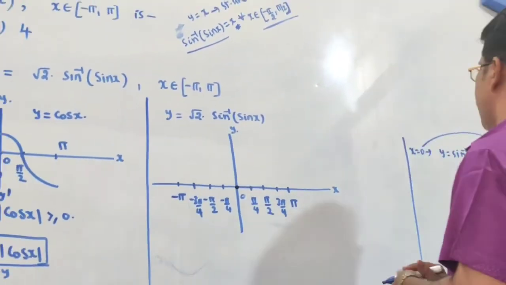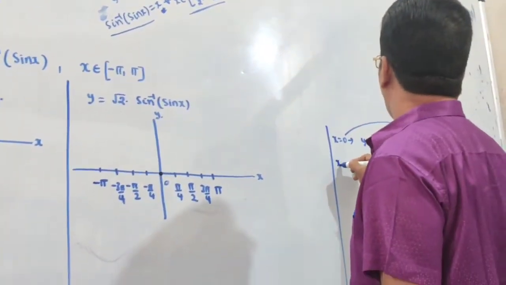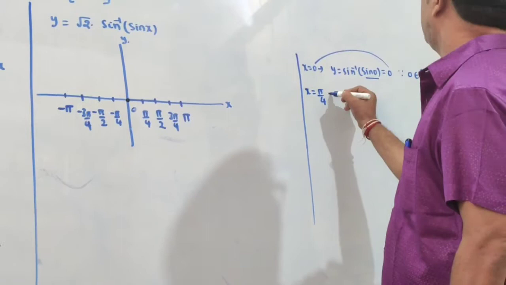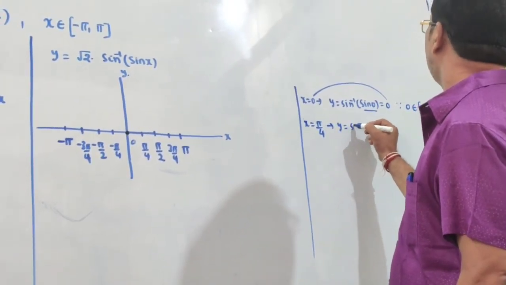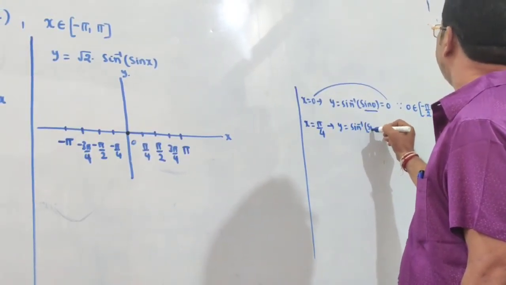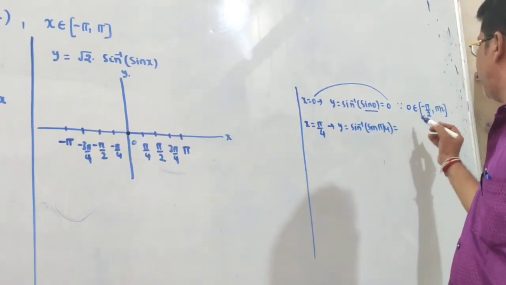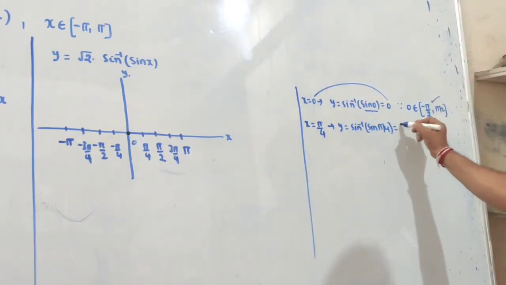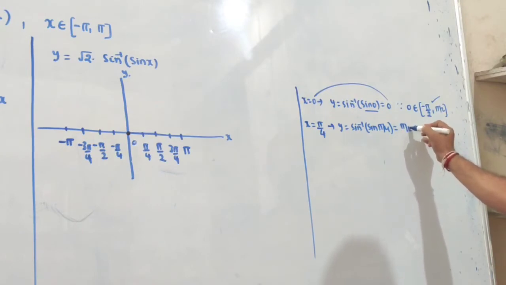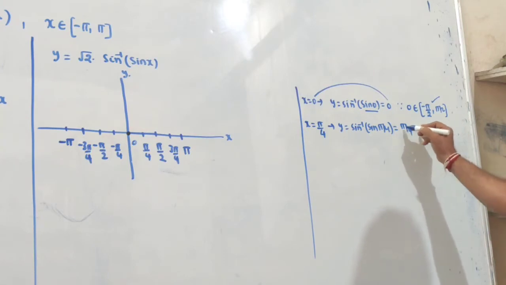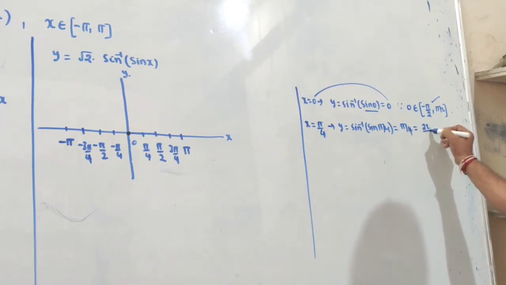Next, x equal to pi by 4. That implies y equal to sin inverse of sin pi by 4, that is equal to pi by 4, also in this interval. Therefore, simply it is pi by 4. Y is also pi by 4. Pi by 4 means what? Pi is 22 by 7, into 4.